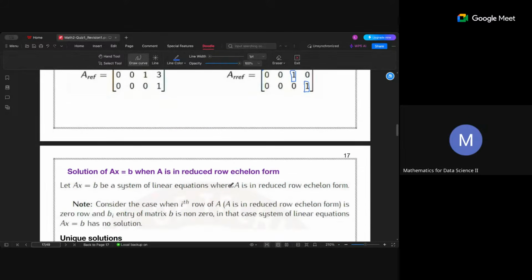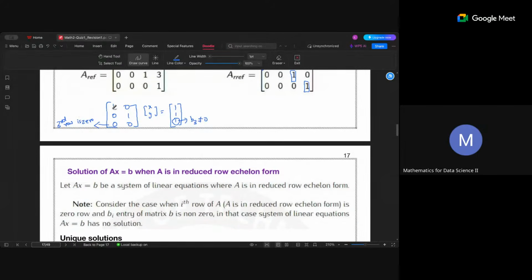So suppose A is in the reduced row echelon form. For something like this, 1 0, 0 1, and here 0 0. So you see the third row is 0. Now suppose I have x y here and then I have 1 1 1. So here B3 is non-zero.